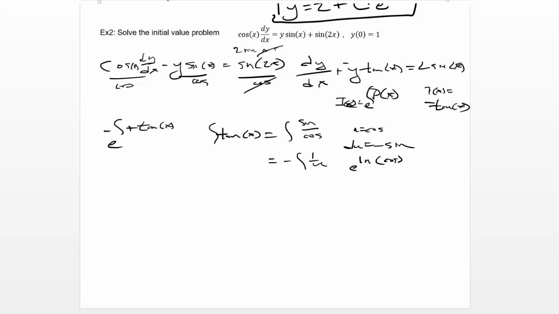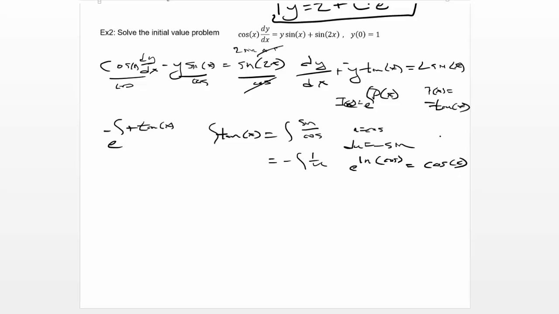And what do you know? E to the natural log of something is just that factor. So even though initially this integrating factor has a very awkward and seemingly complex form, many times when we evaluate it, it can turn into something that's not so bad. In this case, the integrating factor is simply the function cosine.